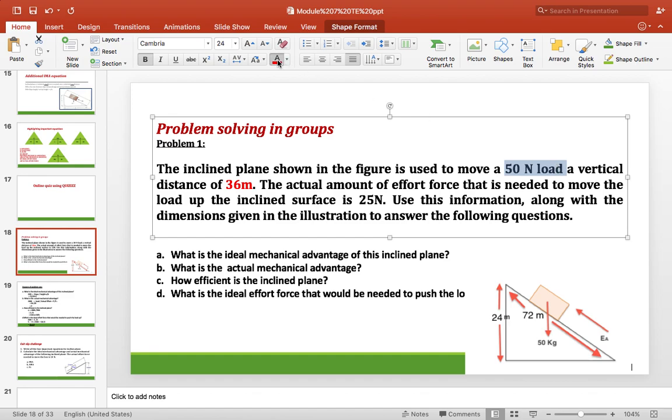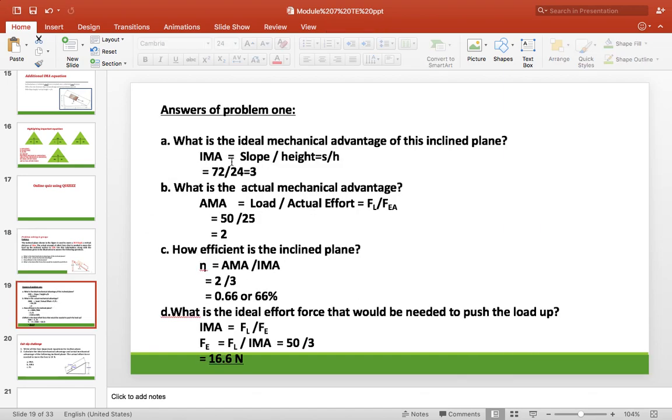Load, then height of 36, and the total amount of effort force is 25 Newton. So the actual amount of force, this is FEA, this is FL, and this is the vertical height. This is given to you. You have to figure out the IMA.